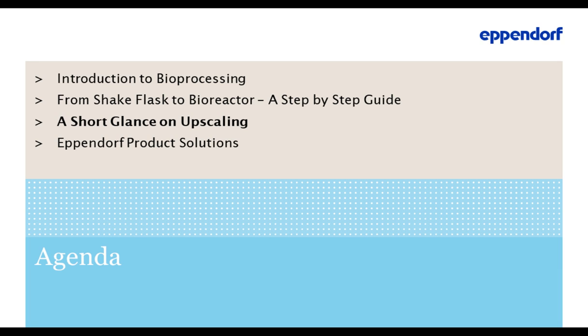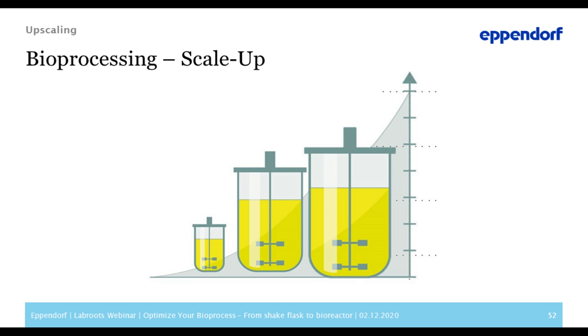So with this, we are nearly finished. In the last chapter, we will just have a short glance, so we go up again, on what it means when a process is upscaled, and have a short look at some scale-up criteria. So many products of bioprocesses, as you saw on the very initial slide, are of industrial use and must be produced in large amounts.